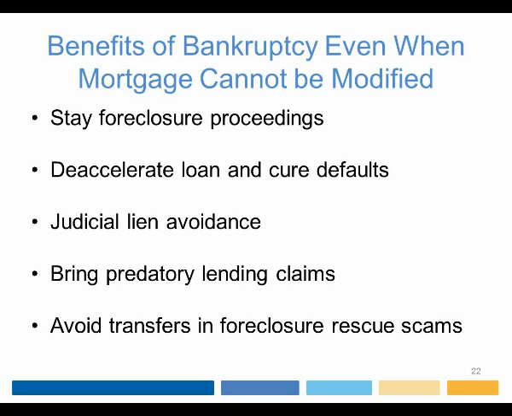Depending upon what your courts are like locally, it may be a good place to litigate some of these claims. And there are some special provisions that deal with pre-petition transfers for less than real value, and those can be helpful with foreclosure rescue scams. But I'm not going to have time today to go through that, it's just something to be aware is available out there.